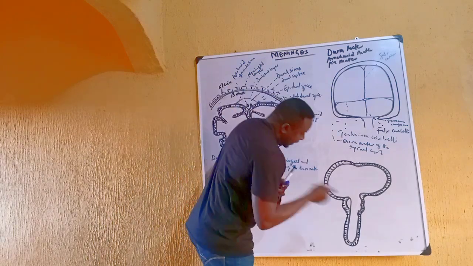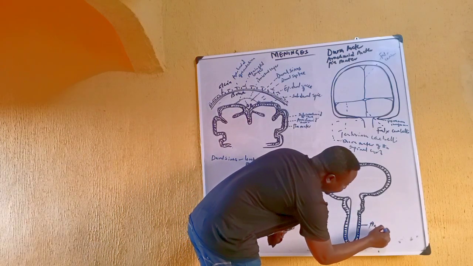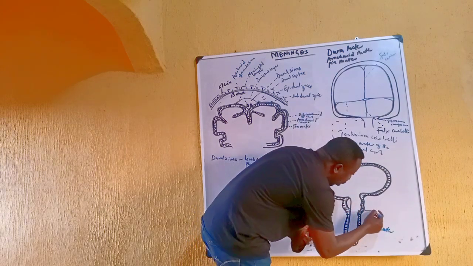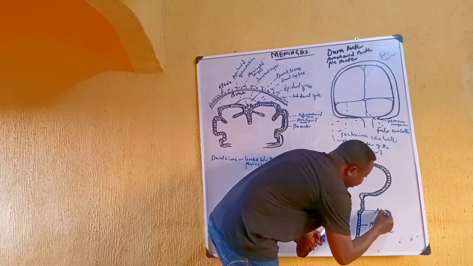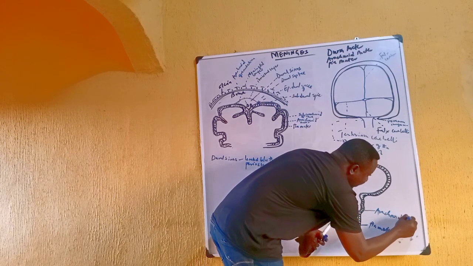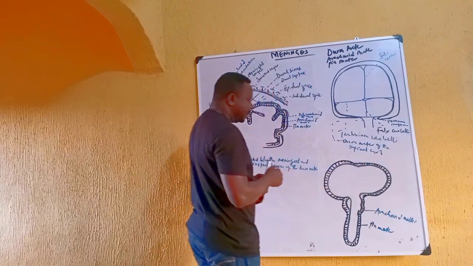So this internal one is called the pia mater, which is soft, and this other one is called the arachnoid mater. The arachnoid mater lines the pia mater.